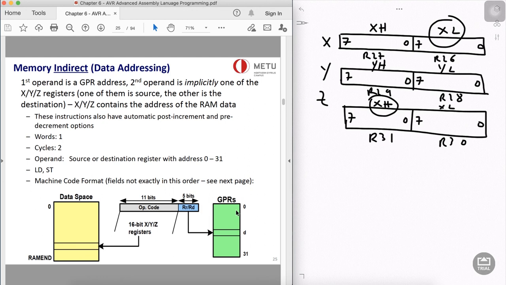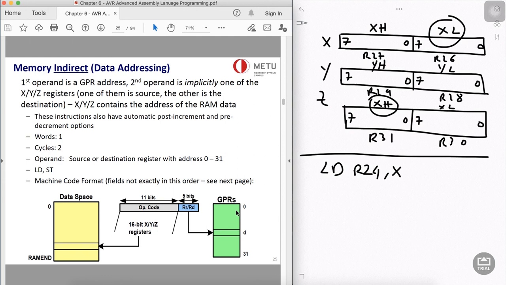So let's give an example. I think it will be good to have an example to understand what is going on. Let's say we have load R24, X. What does this code tell us?